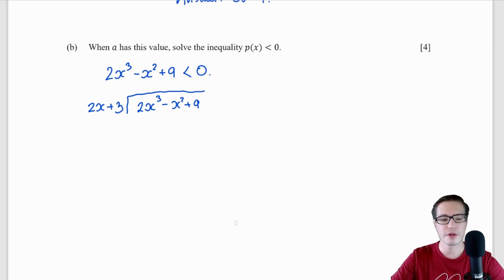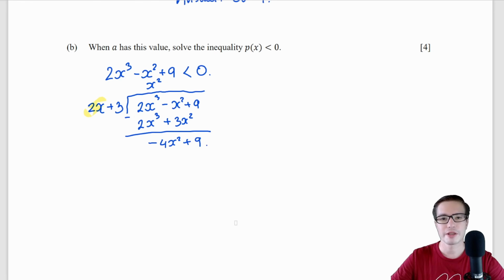To start with, I will have to multiply 2x by x squared, so I can get 2x cubed. And when I multiply, I will get 2x cubed plus 3x squared. Now subtract. We'll get minus 4x squared plus 9.